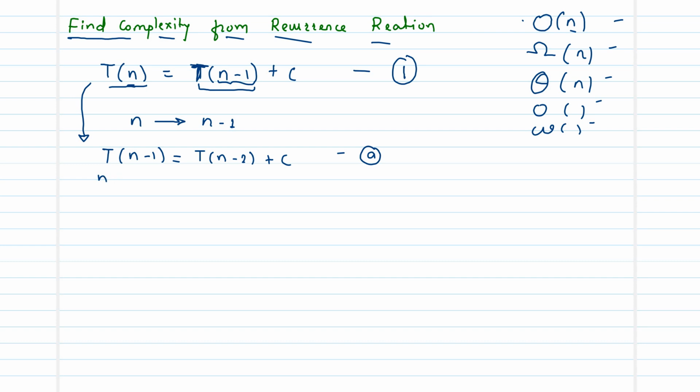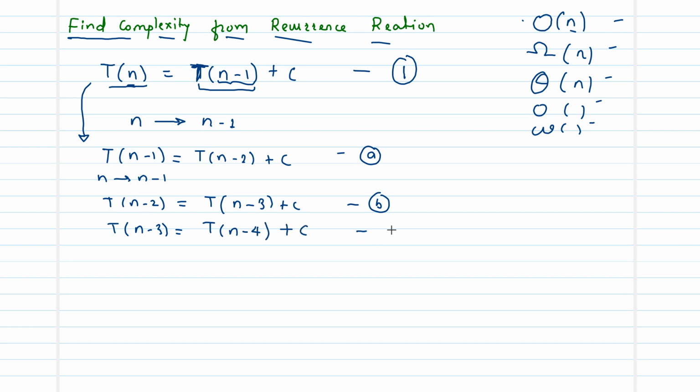Then again replace n by n minus 1. T(n-2) will be equal to T(n-3) + c. That is equation B. Equation C will be T(n-3) equal to T(n-4) + c.